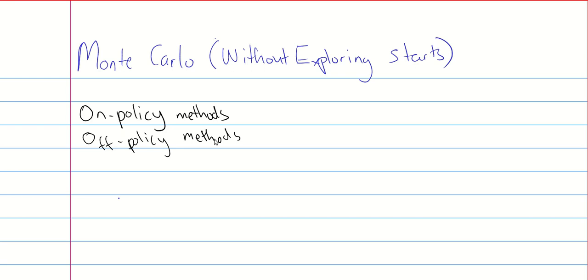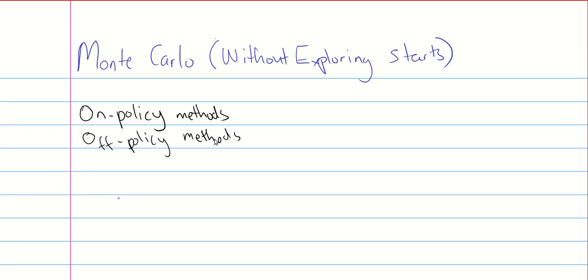This distinction is going to be quite important because, for instance, Monte Carlo with exploring starts was an on-policy method: we only had one policy, and we were doing policy evaluation and improvement on that same policy, right?